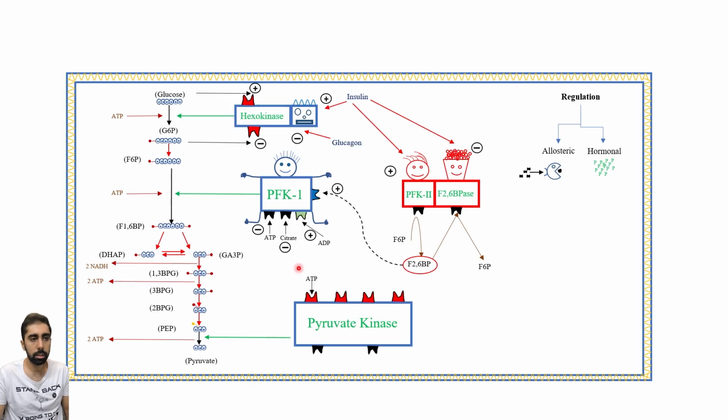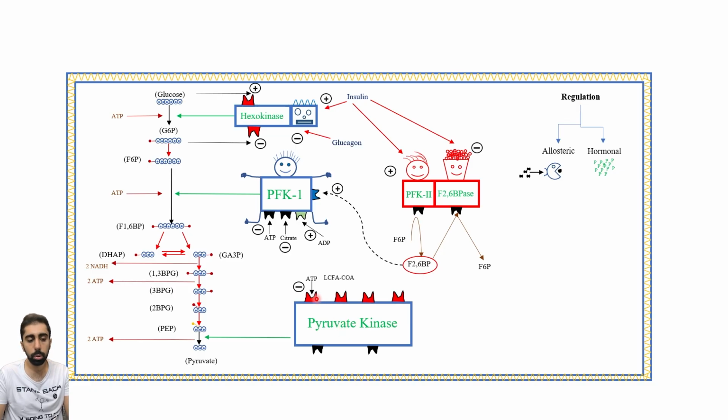So when we have a lot of energy, do we need to stimulate glycolysis? No. When we have a lot of ATP, we don't want glycolysis to continue. So ATP can actually inhibit pyruvate kinase.